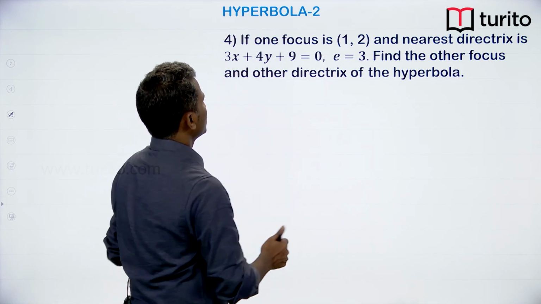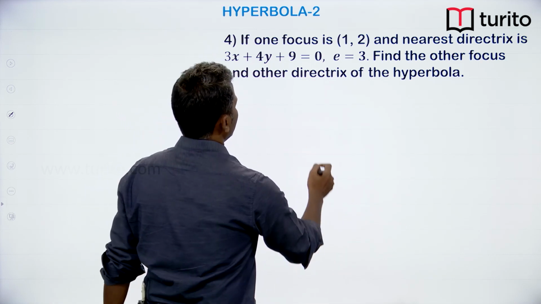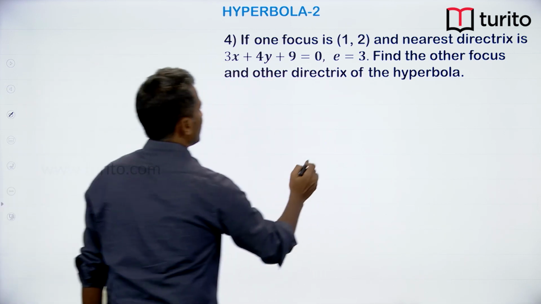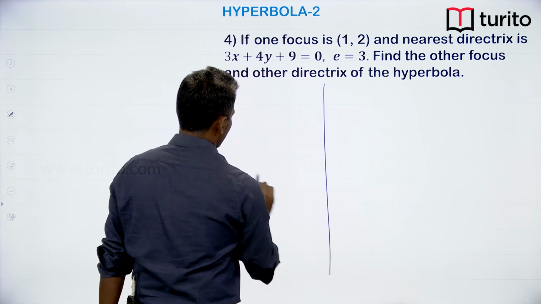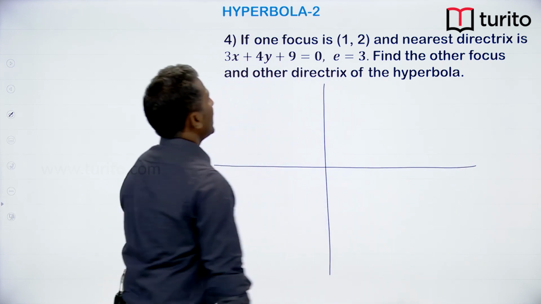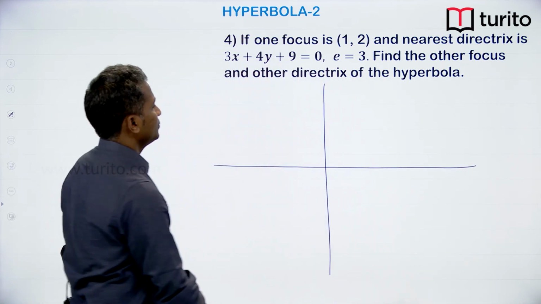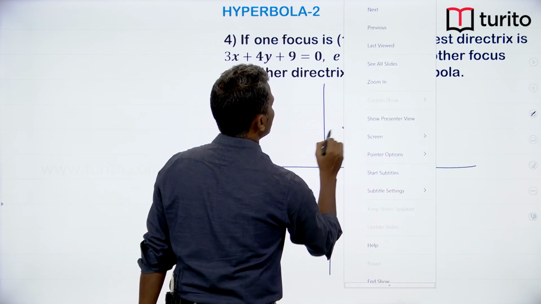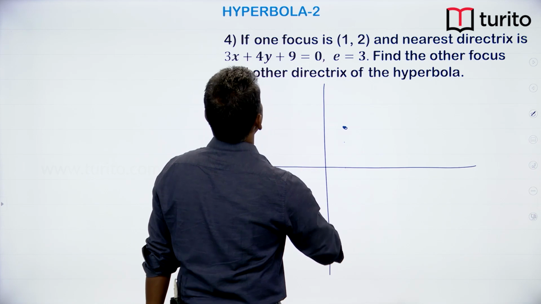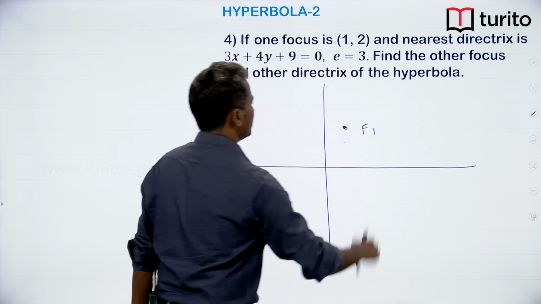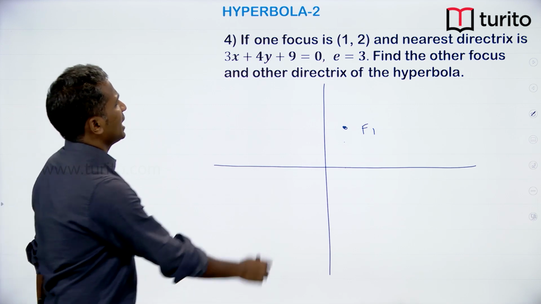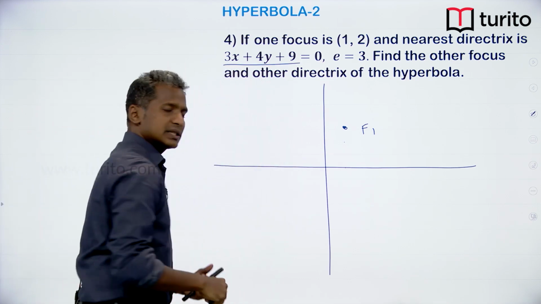So let us say I take the x axis, y axis. And where is this point 1, 2? It is in the first quadrant. So let us say here is my point 1, 2 and it is given that it is one of the foci, and next this line is given as the nearest directrix.